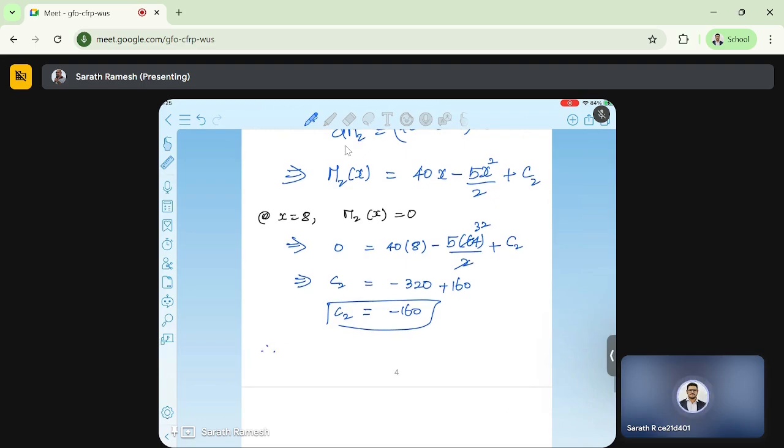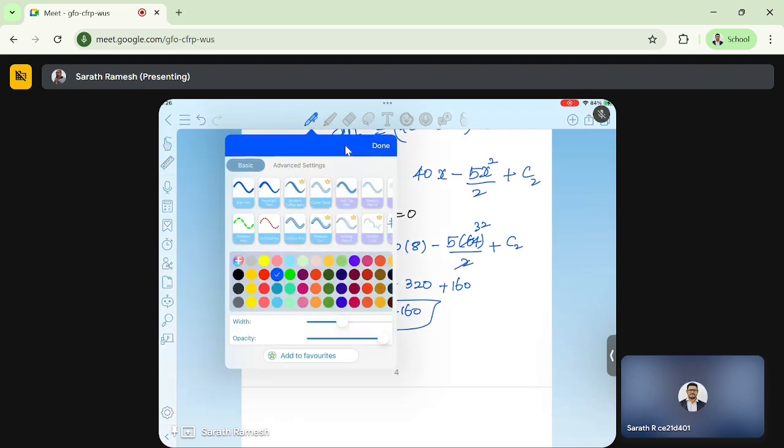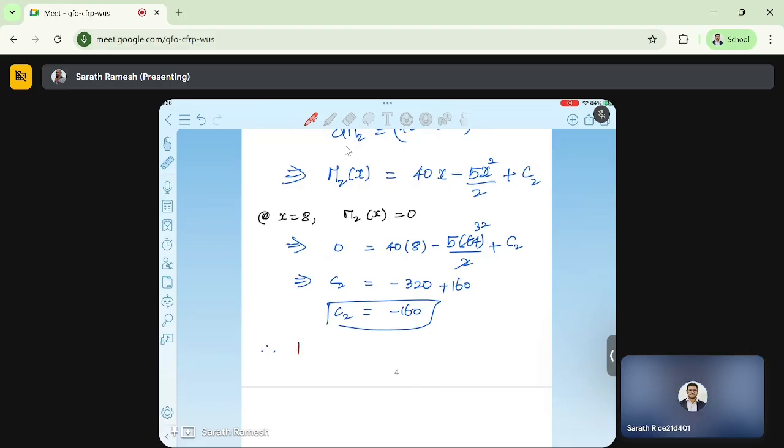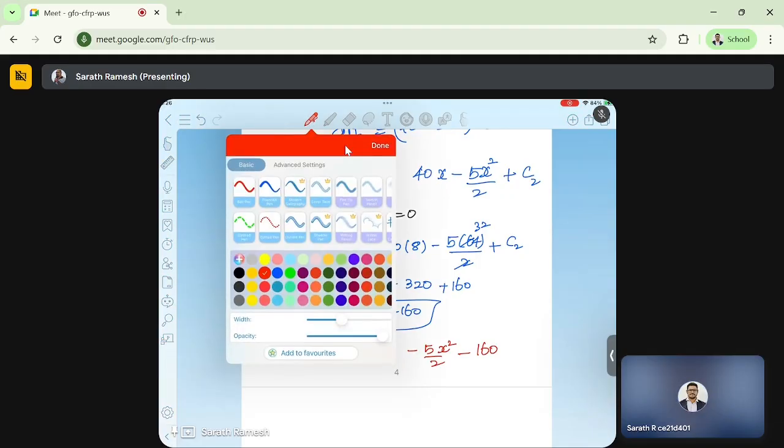So substituting, my updated equation of mz will be mz of x equal to 40x minus 5x square by 2 minus 160. Fine. Now I need to find the moment value at the support. Where is the support?